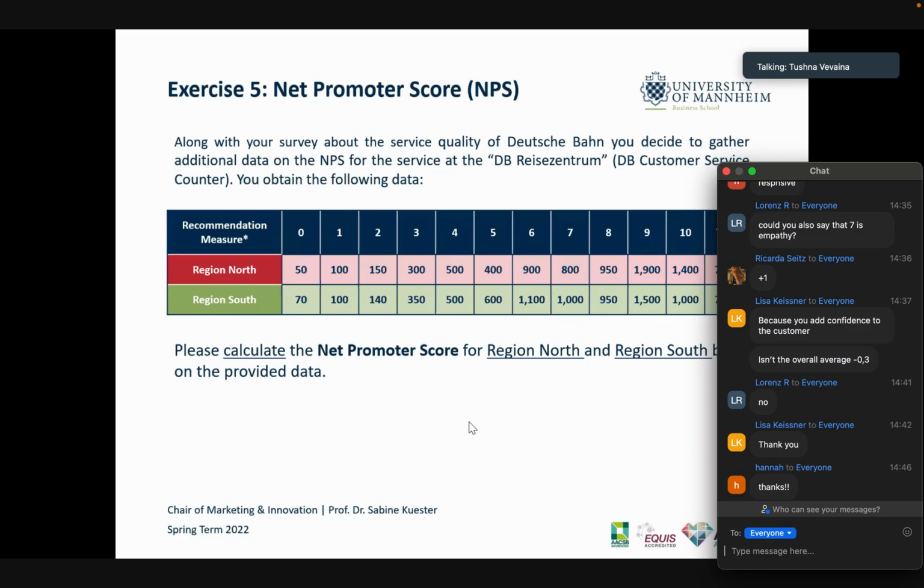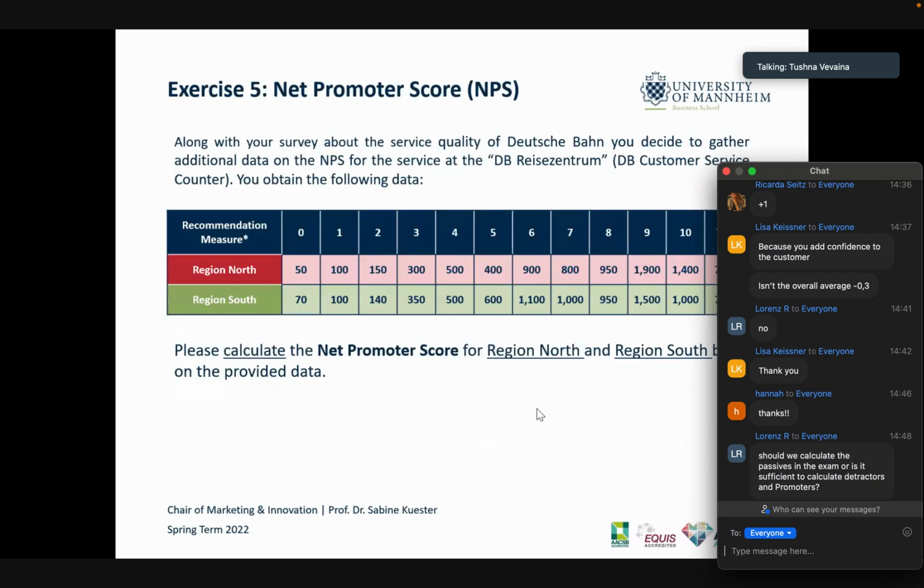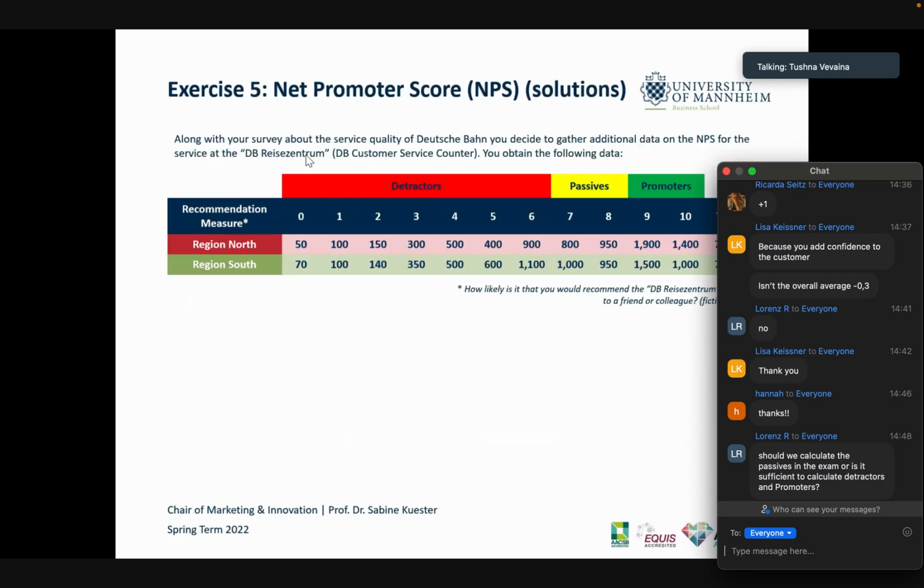Now, our NPS formula is percentage of promoters minus percentage of detractors, which would be the total of all customers giving a score of 9 or 10 divided by the total number of customers, minus the customers giving a score of 0 to 6 divided by the total number of customers. And in the example, I've just put this to make it easier. Detractors would be everyone giving this score, passives would be 7 to 8, and promoters would be 9 to 10.